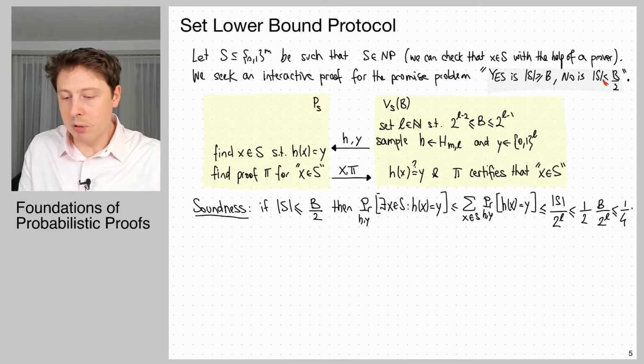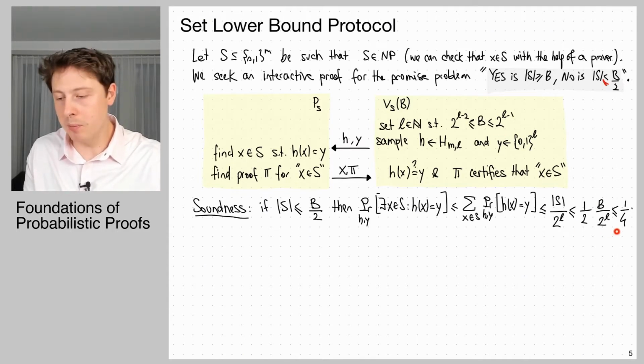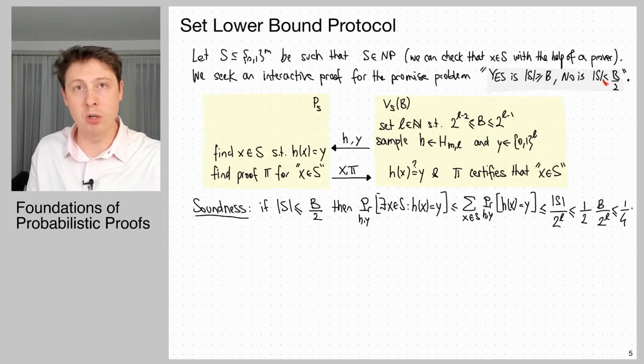And for each y, the probability that that x maps to y is 1 over 2 to the L. And we have at most size of S x's. So we can definitely upper bound this event by size of S over 2 to the L, okay? But look, the size of S is at most half of B by assumption, okay? And B, by our choice of L, is at most half of 2 to the L. So overall, this probability is bounded from above by 1/4.